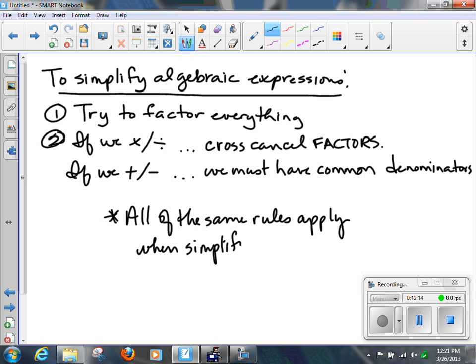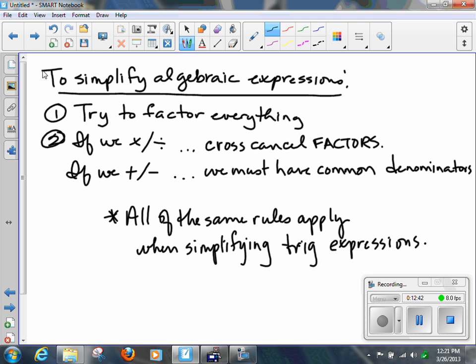When simplifying trig expressions, these are going to be like variables on steroids, because you're not going to be looking at just plain old x now. You might be looking at sine of x and what we have to do to sine of x or to cosine of x or to any of those trig functions.